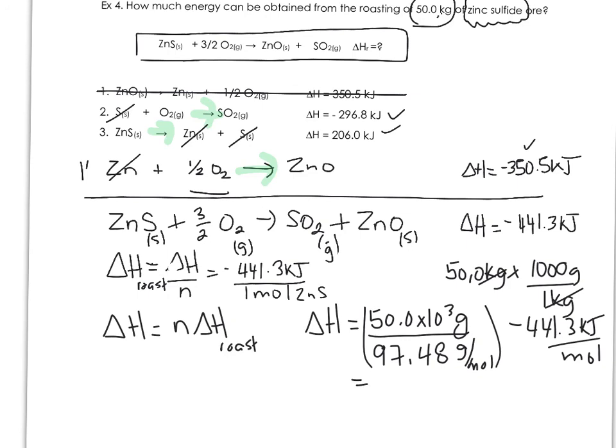So our energy change is negative 226,354 kilojoules that is released. Okay, so negative 226,354 kilojoules of energy are released.